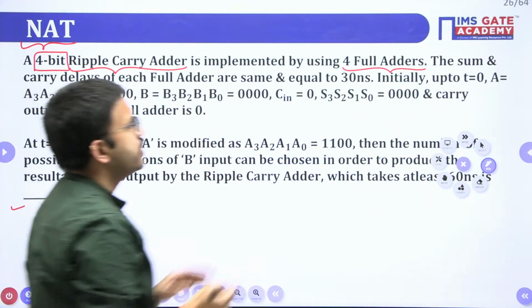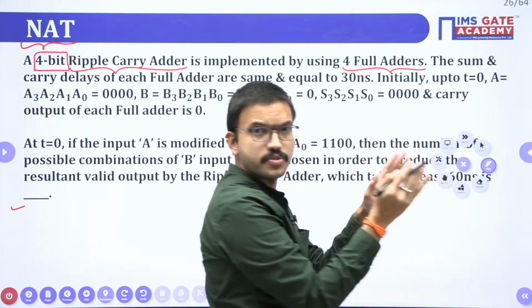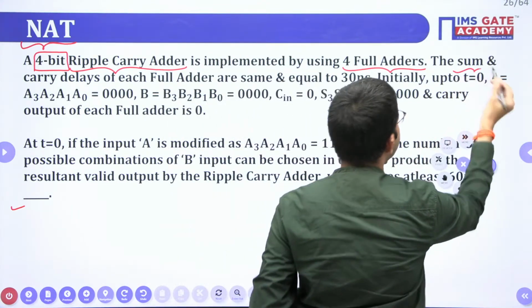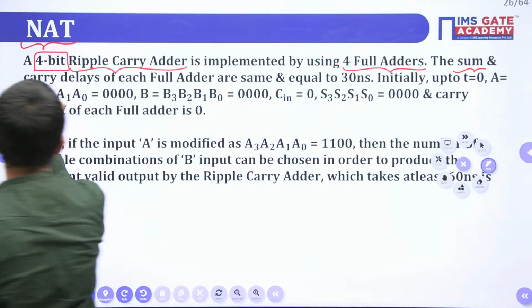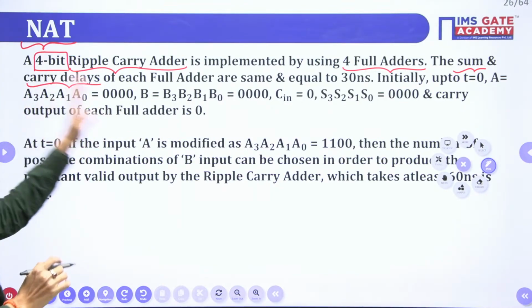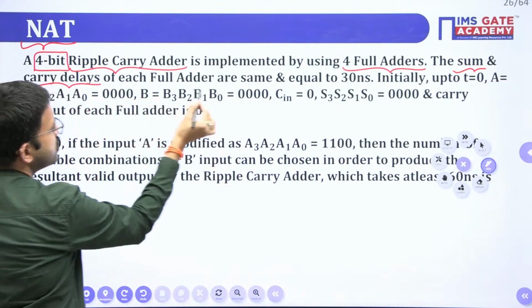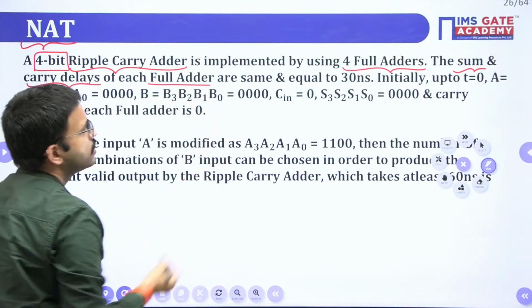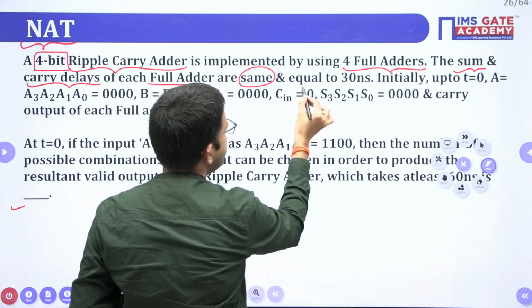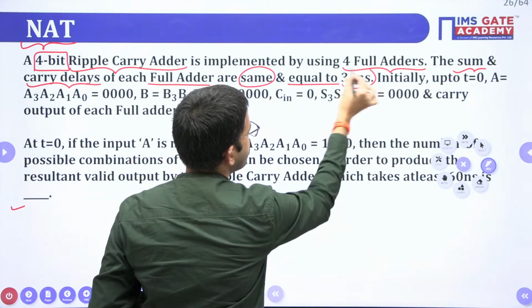In a full adder, you are having 2 outputs, a sum output and a carry output. Both the sum delay and the carry delay are the same for a particular full adder, equal to 30 nanoseconds, as they have mentioned.